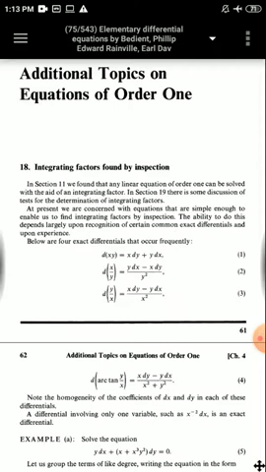Okay, note the homogeneity of the coefficients of dx and dy in each of the differentials.